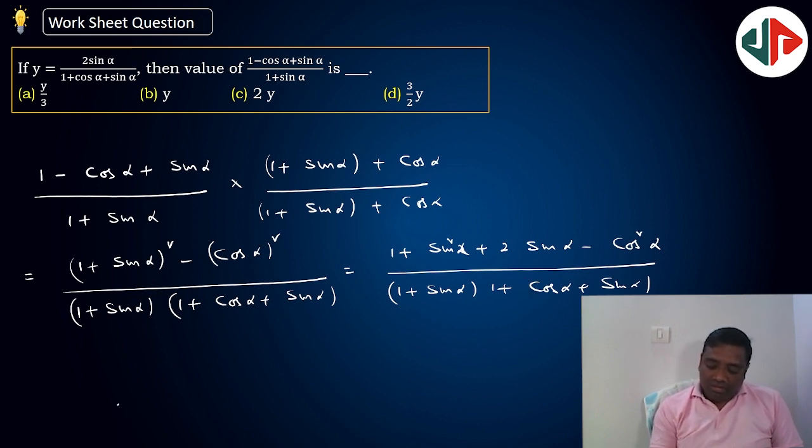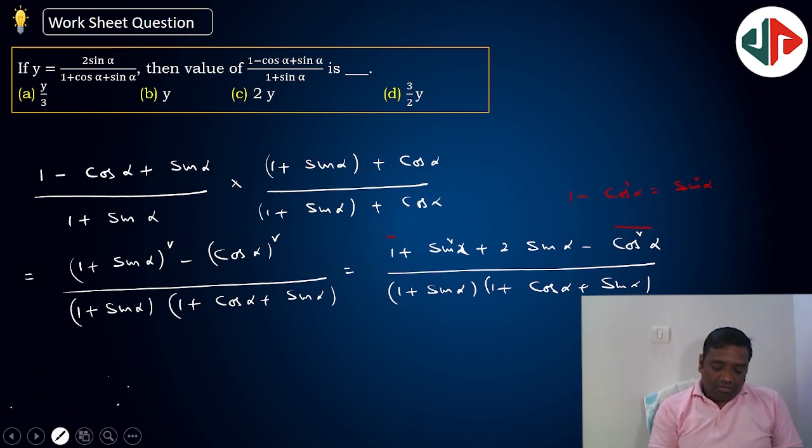But clearly, here the condition is 1 minus cos square alpha. 1 minus cos square alpha is always equal to sin square alpha only.